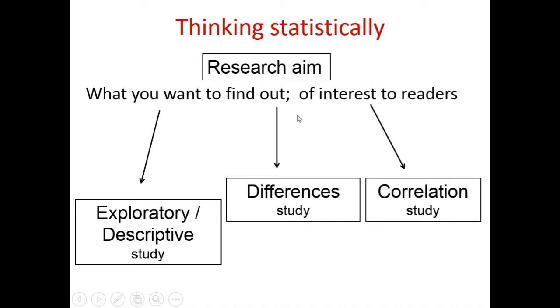But whether that will be of any interest to readers, because they can find that answer easily in other published sources, they don't need my research to help them find that answer. So it will be interesting that whenever you are thinking about your research aim, it should be such that it should not only be of interest to you, but it should also be of interest to other readers.